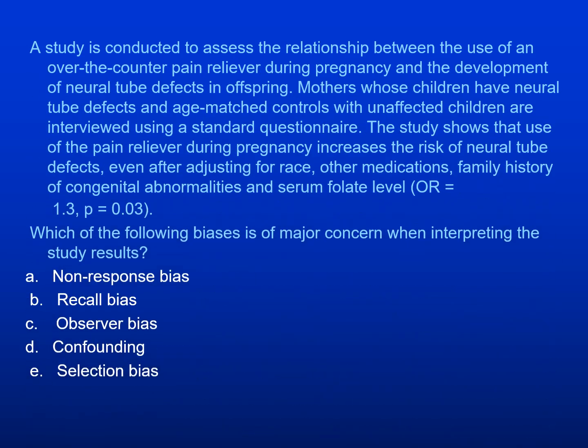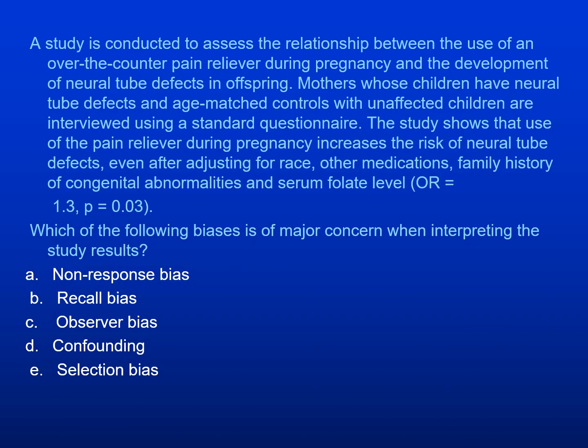A study is conducted to assess the relationship between the use of an over-the-counter pain reliever during pregnancy and the development of neural tube defects in offspring. Mothers whose children have neural tube defects and age-matched controls with unaffected children are interviewed using a standard questionnaire. The study shows that use of the pain reliever during pregnancy increases the risk of neural tube defects, even after adjusting for race, other medications, family history of congenital abnormalities, and serum folate level.